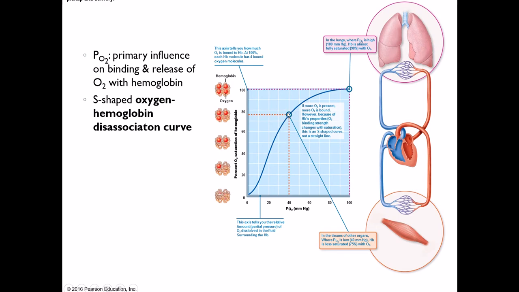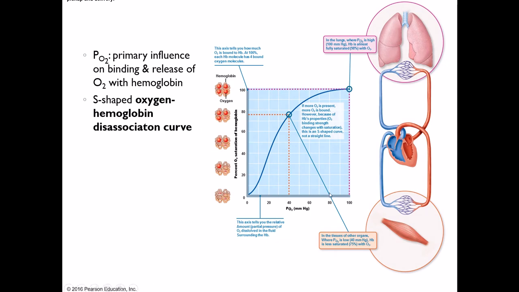What this really means for us is that in our tissues where the partial pressure is lower, hemoglobin is less saturated. There are still lots of hemoglobin molecules that have oxygen bound to them, but much less so than in areas where we have a high partial pressure of oxygen, like in the lungs. And there you can see our hemoglobin is fully saturated.